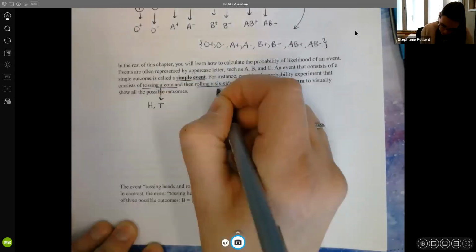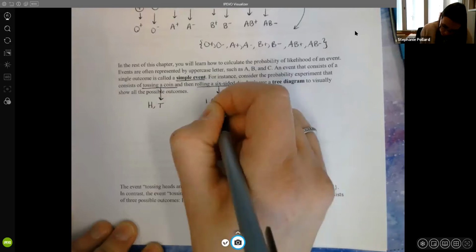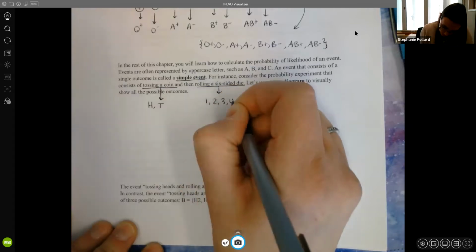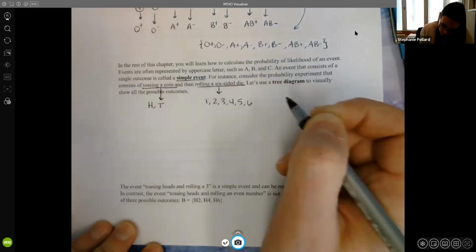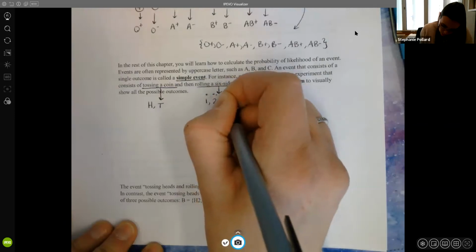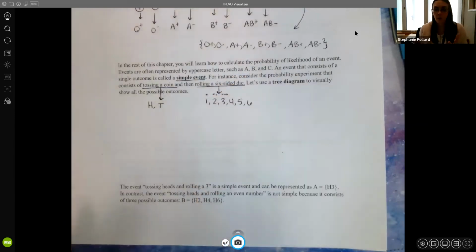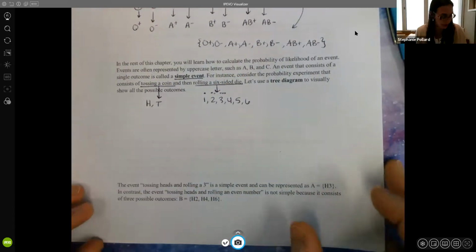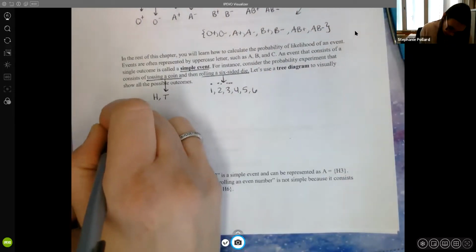And if you roll a die, you could get the numbers 1, 2, 3, 4, 5, 6. Now I know they look like dots, right? It's like 1, 2, 3, and so on. But we can just use the numbers to represent the sides here. So let's see what could happen. Well, first thing is you could have heads or you could have tails, right?